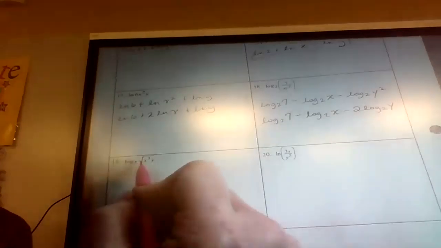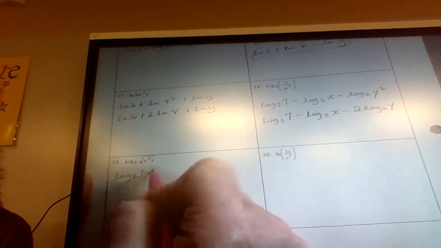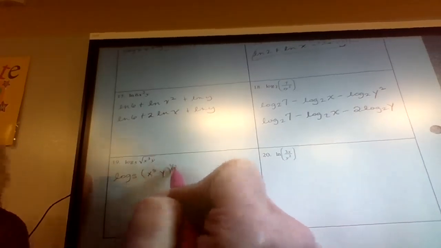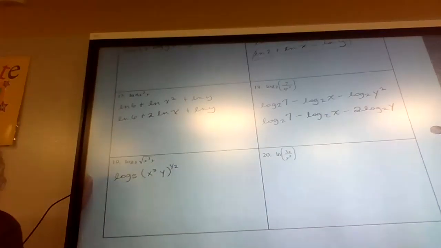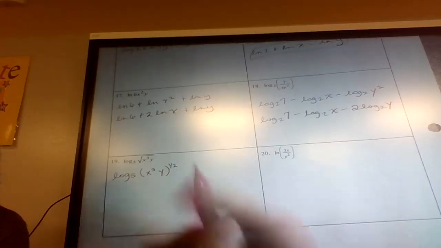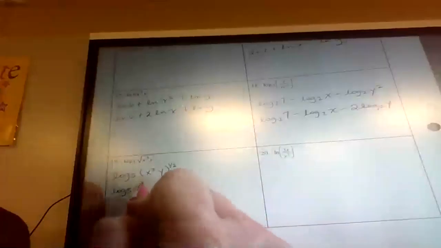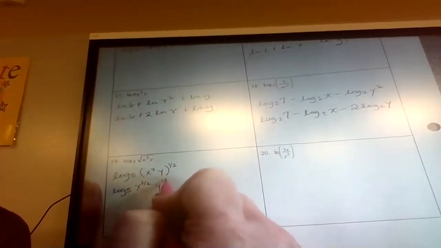All right, so on this one, I'm going to rewrite this as log base 5 of x to the 3rd y to the 1/2 power. So that would be log base 5 of x to the 3/2 y to the 1/2.